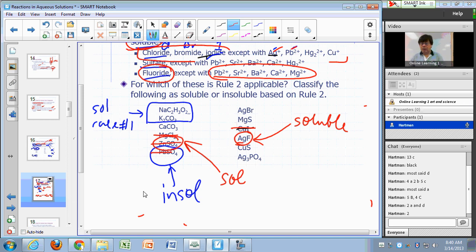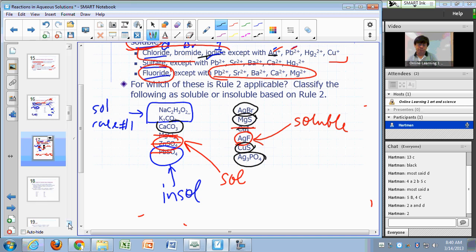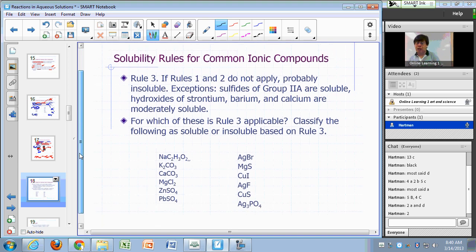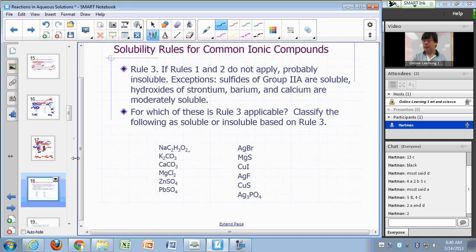Now, these other remaining ones, calcium carbonate, silver bromide, magnesium sulfide, copper sulfide, silver phosphate, rule number 1 doesn't apply. Rule number 2 doesn't apply. So we move on to rule number 3. Rule number 3 says, if rules 1 and 2 do not apply, then most likely your best bet would be to say that that compound is insoluble.